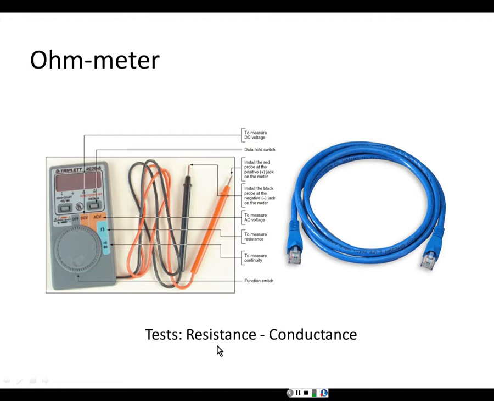If I get total resistance, what that means is that there is no connection. There's a cable break somewhere in there. However, if I get no resistance, that is to say, if I get conductance, then I know that there is no cable break. And you can use an ohm meter to test each one of these 8 cables one at a time.